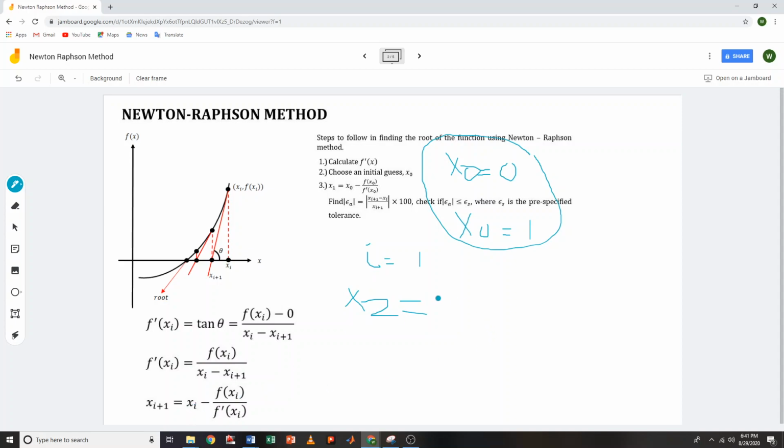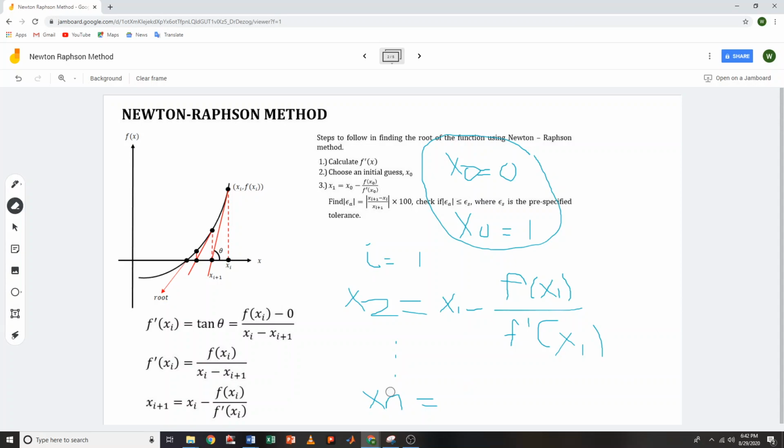So this will be x1, because our i is 1. x1 minus f of x1, and then f prime of x1, and so on and so forth, until xn. Okay, so therefore that is xn plus 1.